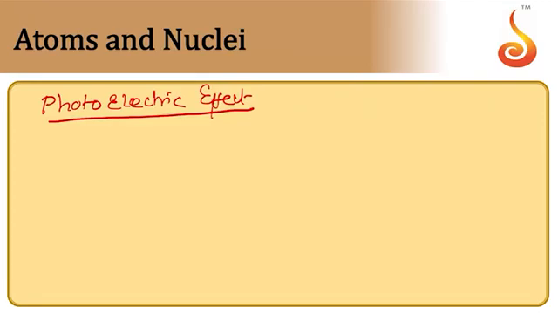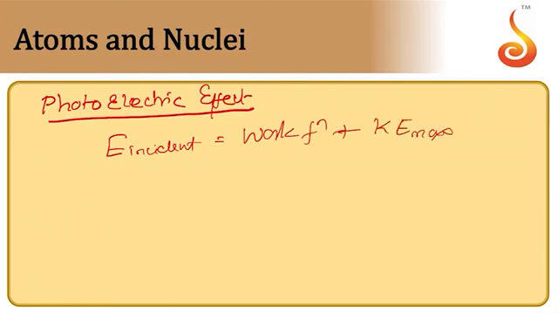This minimum energy is what is called the work function. So we can say incident energy is equal to energy required to push the electrons, that is work function, and the rest of the energy appears in the form of kinetic energy or maximum possible kinetic energy of the photoelectrons.